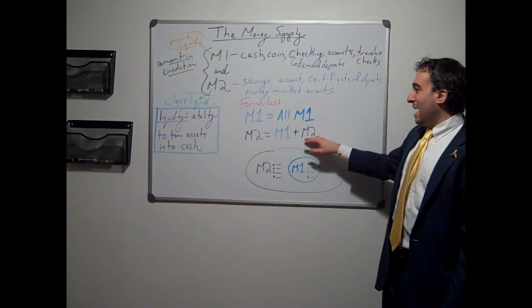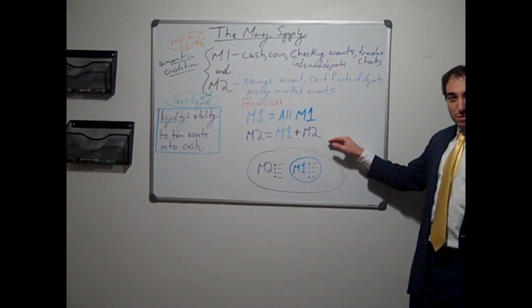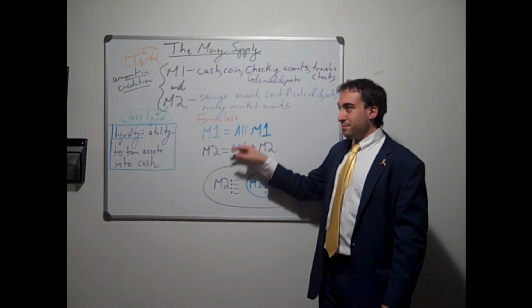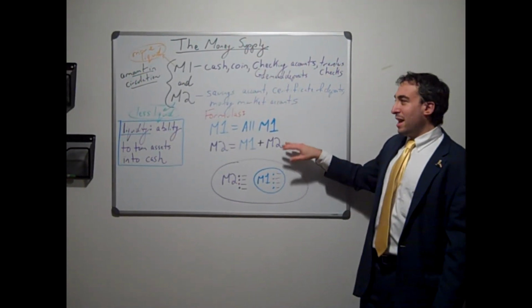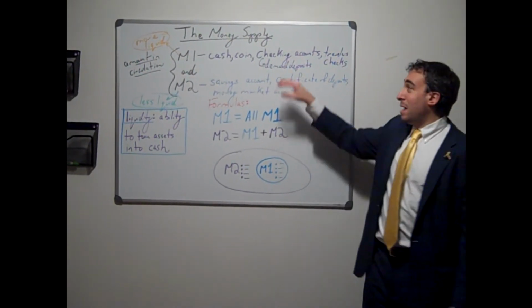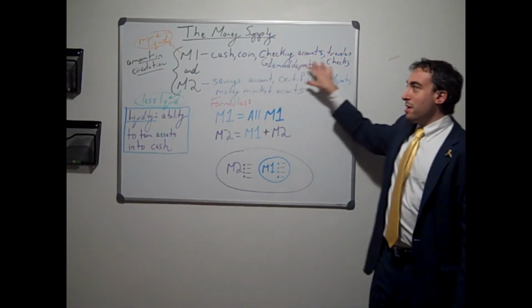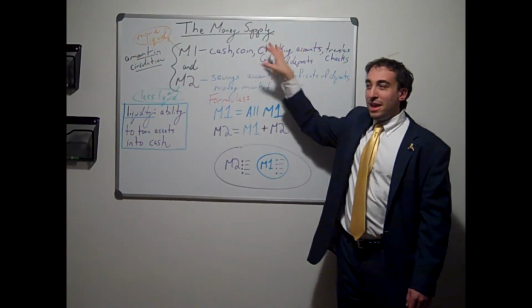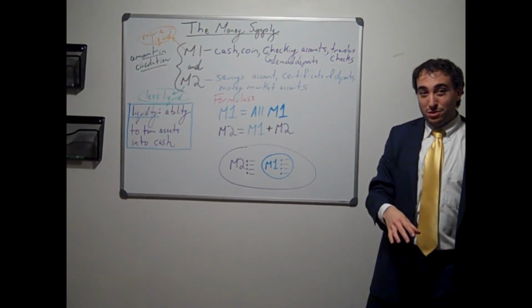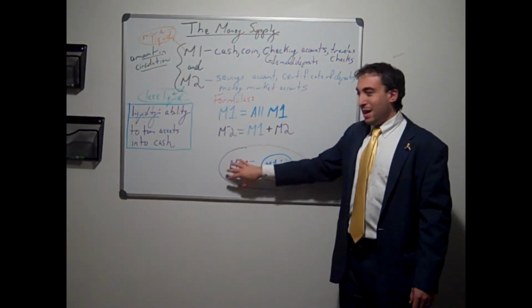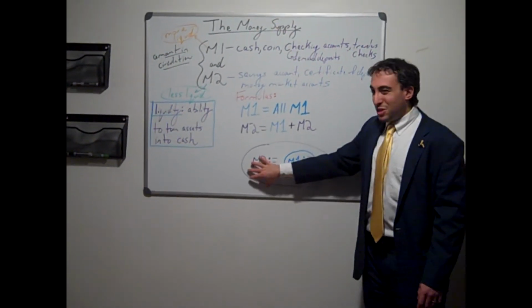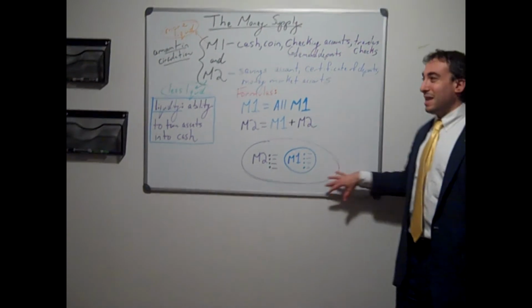So by having M2 equal M1 plus M2, it's recognizing that M2 is itself, but that M1 is also part of the money supply, and at any point, M1 could become M2. So to keep track of it, I know it's very silly, but M2 is itself plus M1.